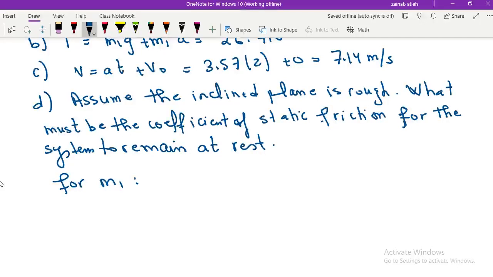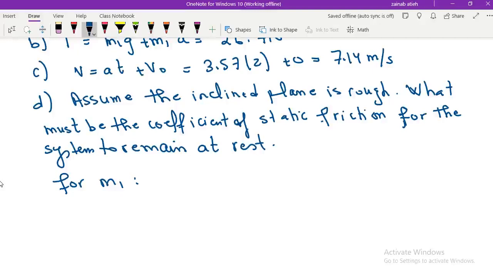Now when it is at rest, I can take the positive sense as I like, because at the end the sum is equal to 0, not equal to MA. So it won't matter whether I take positive right or positive left; I'm just multiplying by a negative sign, and the negative sign, if I'm equating to 0, means nothing.